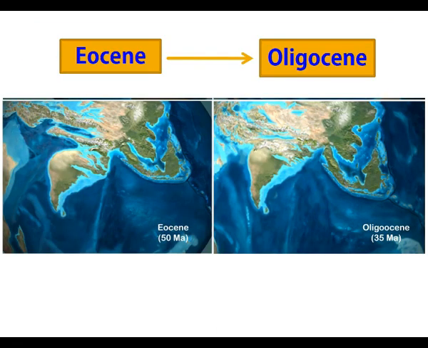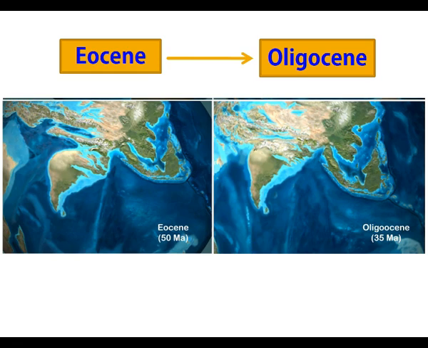Around 50 million years ago, in the Eocene period, the Indian plate arrived close to the Eurasian plate, but slowly it started colliding, and subduction accelerated between the Indian plate and the Eurasian plate. In the Miocene period, the process of the formation of the Himalaya was accelerated.